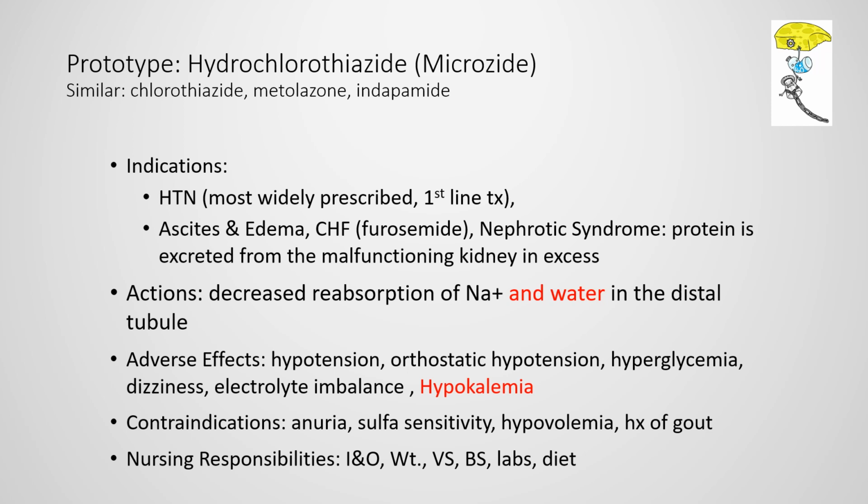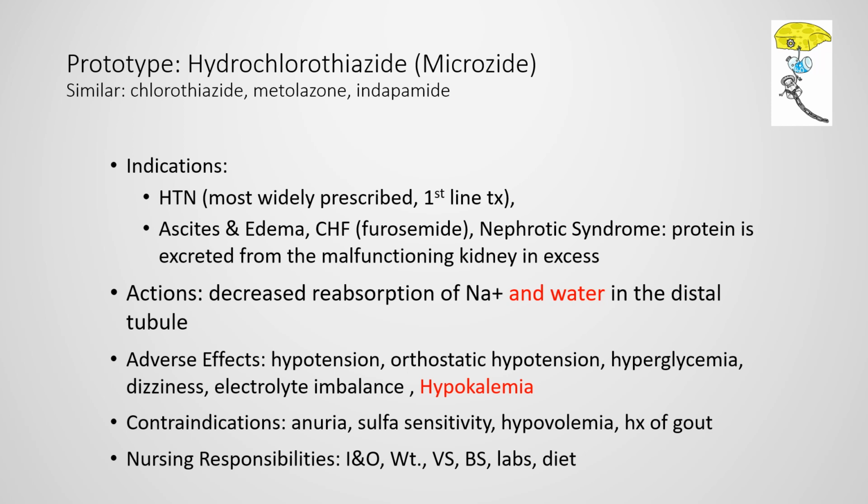It's used for peripheral edema, so swelling in your legs. We can use it for ascites, which is fluid backup in the setting of cirrhosis, typically. We can use it to help eliminate some ascites fluid. It can be used in congestive heart failure.